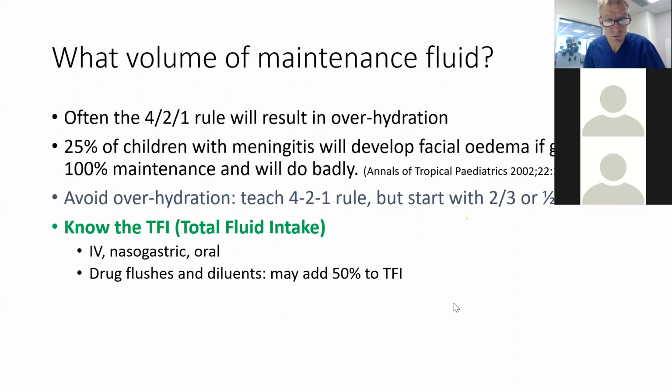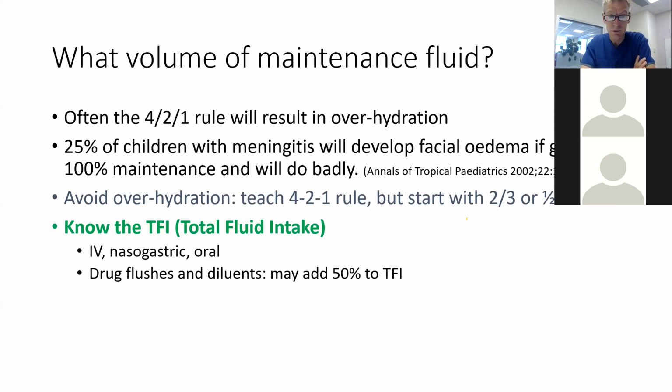So we've talked about the type of fluid that you give, and what about what volume of fluid? Remember I said the 150-20 rule is a really good start for children who are requiring maintenance.